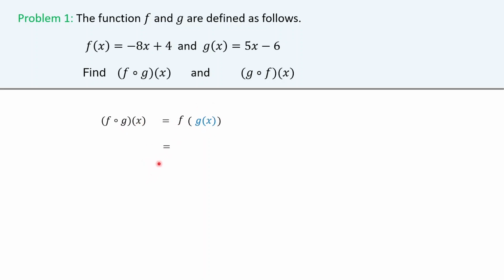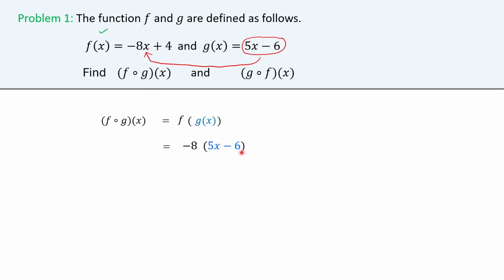To find f of g of x, you take the function f of x and substitute g of x for x. G of x is 5x minus 6. So you need to substitute this for x. You get negative 8 times x. Put this for x.